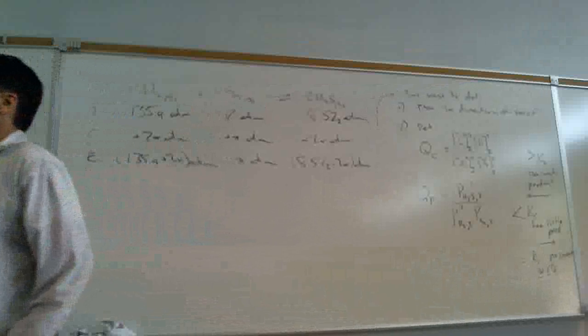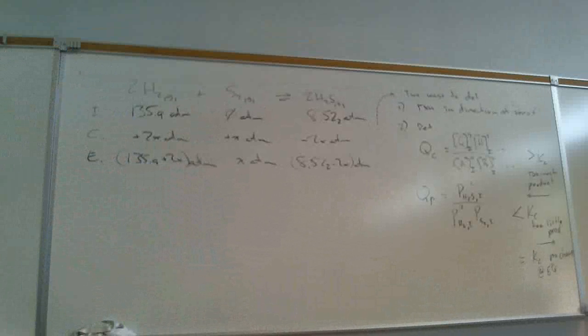And so looking at the problem, they give us some additional information. The equilibrium amount of S2 found is 8.00 times 10 to the minus 6 moles. And so they tell me at equilibrium I'm going to have this many moles of S2. How many atmospheres is that? And so let's go ahead and calculate the atmospheres.